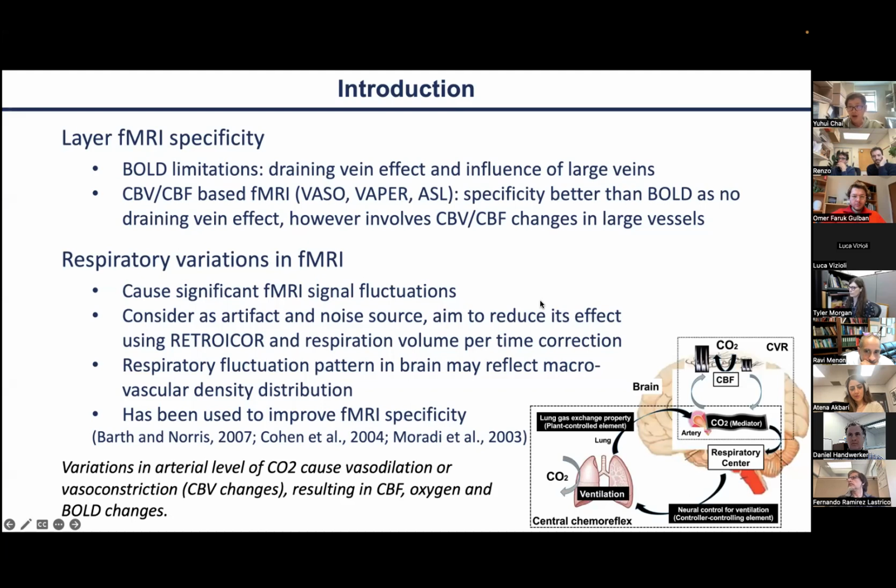However, instead of considering those respiration fluctuations as noise, it could actually be very useful information, because respiration variation patterns in the brain could reflect macrovascular density distribution. Previous research has shown this could be useful to improve fMRI specificity at 3T and at a low resolution.